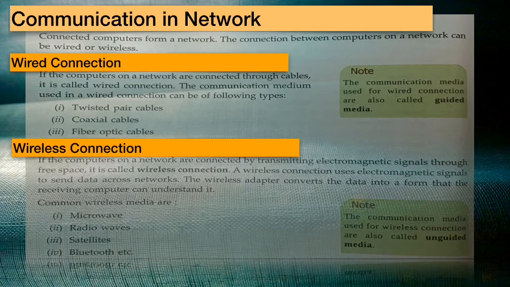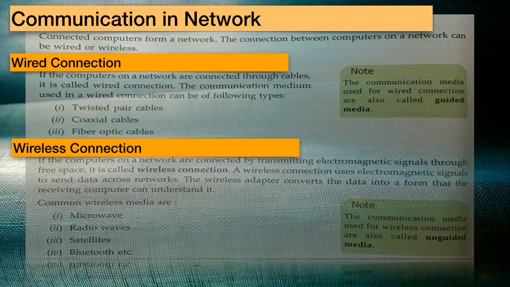Means the data in wireless connectivity gets encoded and transmitted through empty or free space, and these electromagnetic waves can be sent and received by the sender and the receptors.